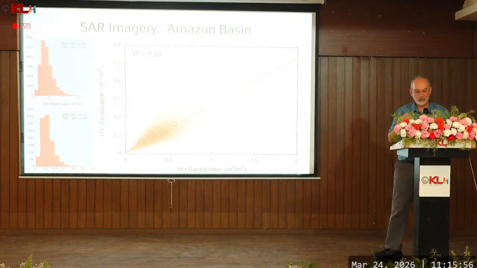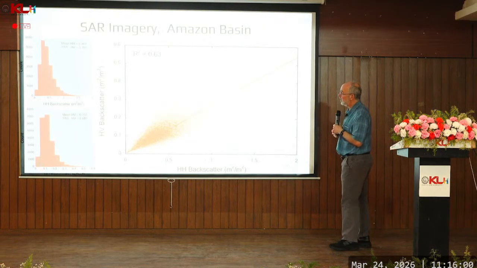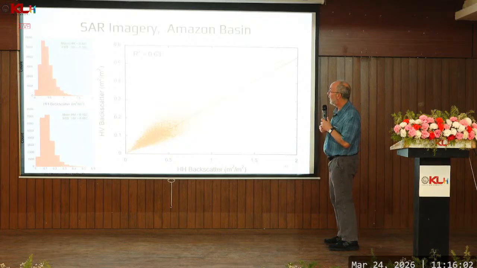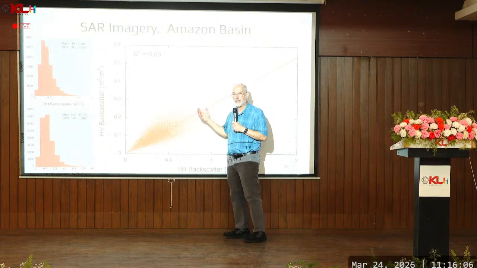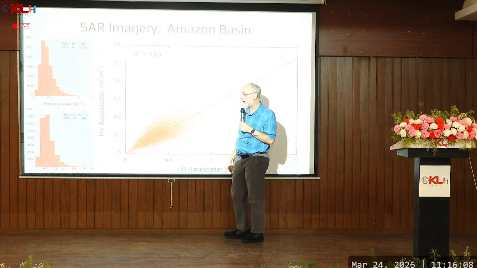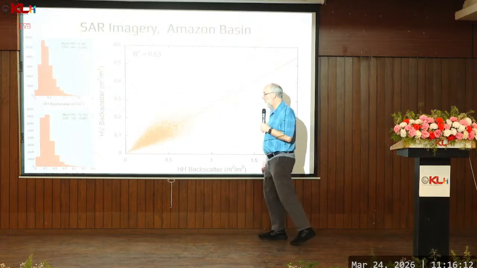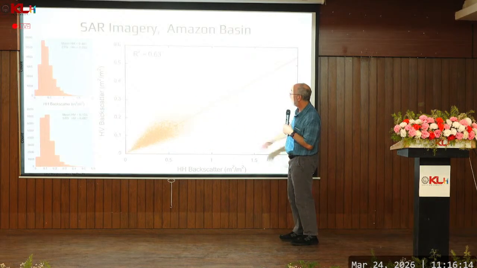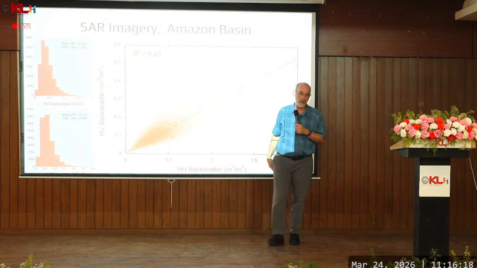This is the relationship between HV and HH backscatter from those scenes. And this is pretty typical. These are very noisy estimates in general, especially in the dark areas. But you can generally see a linear trend correspondence between the two. And the low value in R squared is because of all of this scatter.